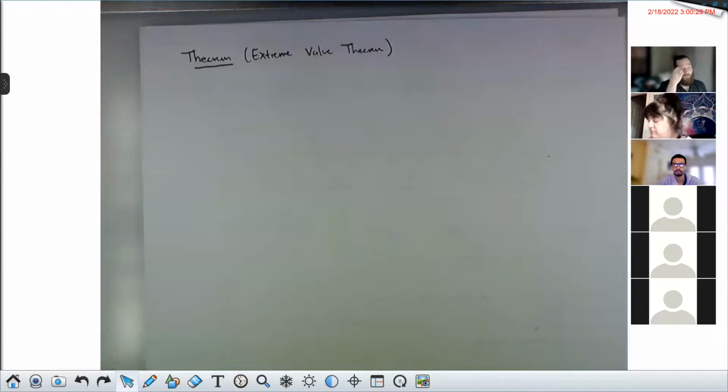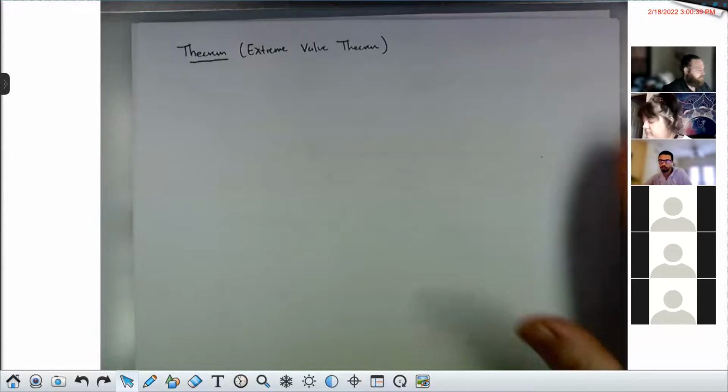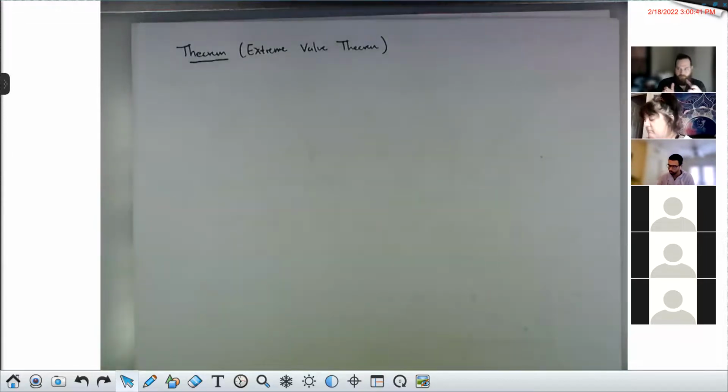That graph we were just looking at kind of illustrates one of the ways this theorem can fail. So every time you look at a theorem, you should ask, what happens if I take away some of the hypotheses? Theorems are usually phrased as, if this is true, then this is true. The first chunk of things are the hypotheses.